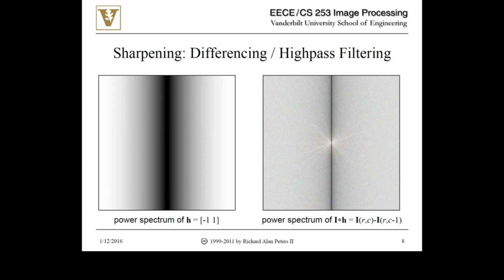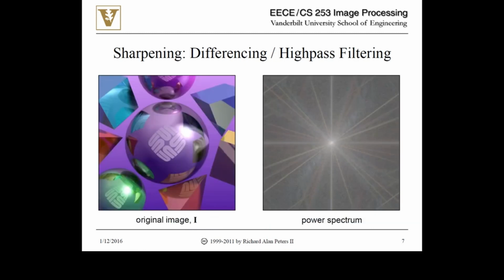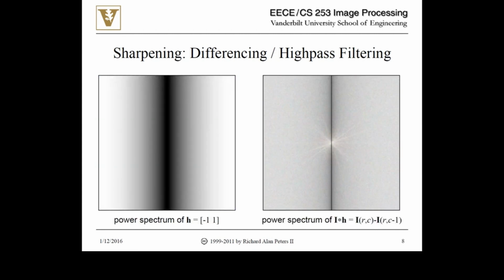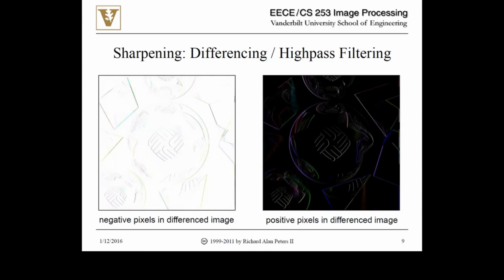So you do the Fourier transform of this kernel, and you represent that Fourier transform, and this is the power spectrum. Now you multiply the power spectrum of your image times the power spectrum of your filter, and you have the power spectrum of the output. And this is how they look like.